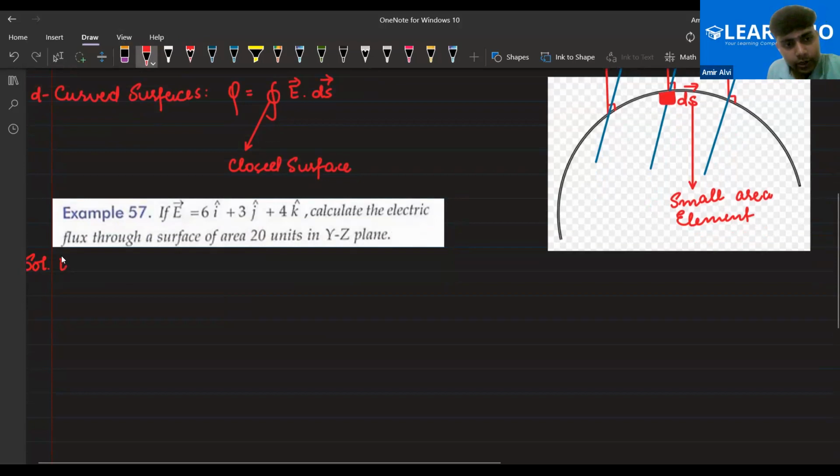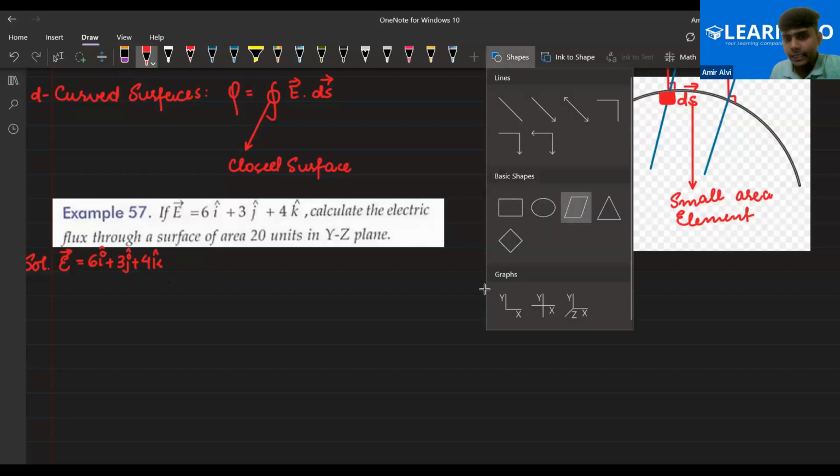Okay, so first of all, let's write down all the values given to you. E is equal to 6 i cap plus 3 j cap plus 4 k cap. And the area is given as 20 meter squared.